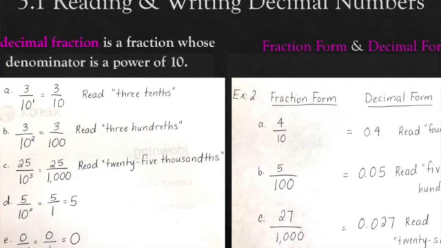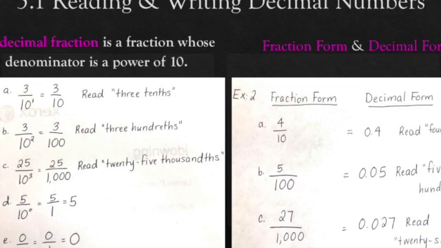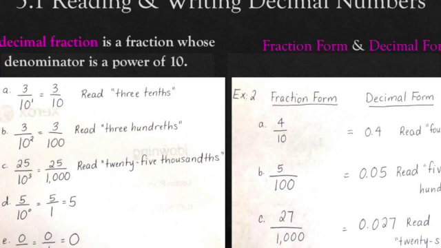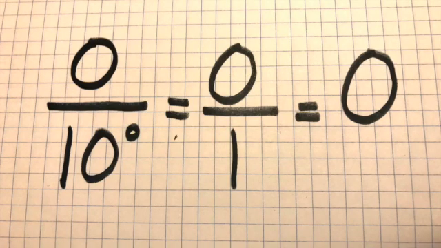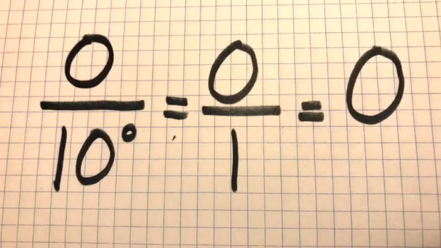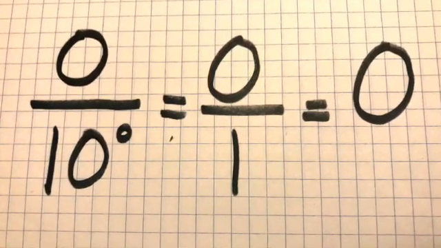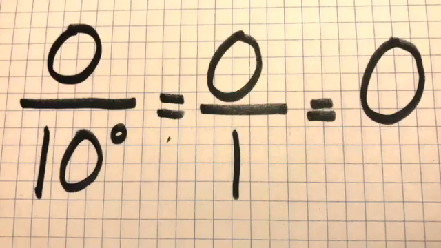So when we have 5 over 10 to the 0 power, it is just 5 over 1, which is a whole number of just 5. And any fraction with a 0 on top is going to be 0 because it's not possible for it to be a fraction.